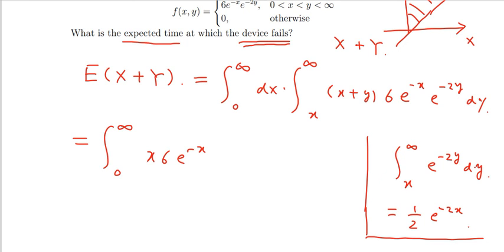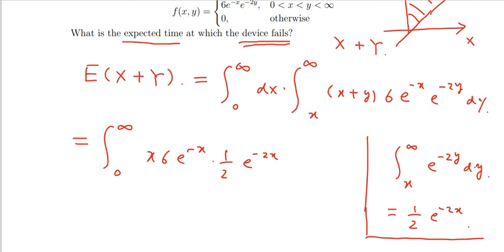Okay. So just this one, like an exponential distribution, right? Anyway, we can find that. So this integrated out is a half, e to the negative 2x, plus y.